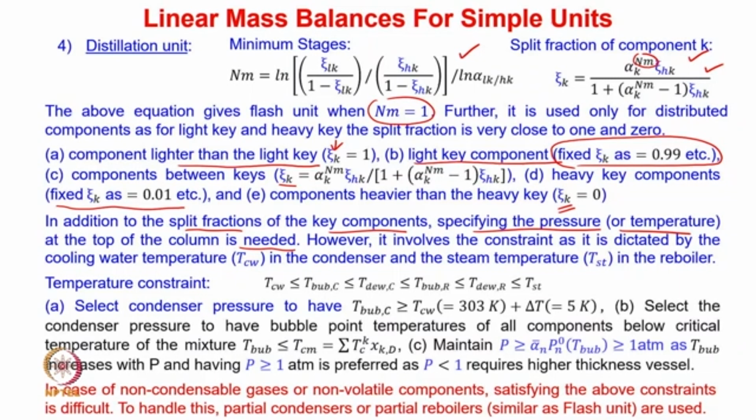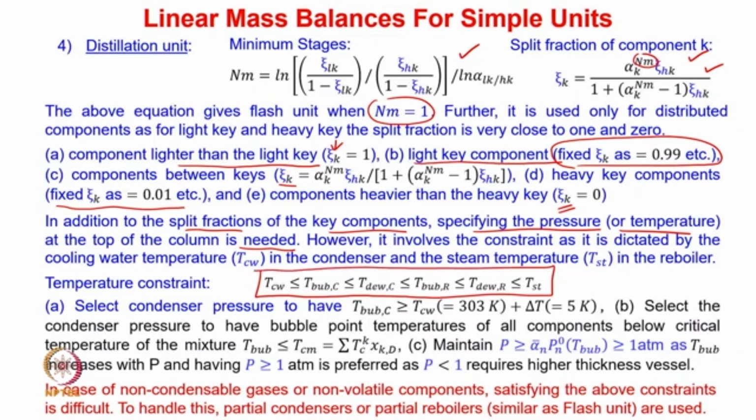However, when we are specifying the temperature and pressure, there are different constraints that need to be satisfied. Okay, so temperature has to be such that constraints with respect to the dew point and bubble point calculations for the condenser as well as the reboiler are taken into consideration, and we will see those constraints in a little more detail when we look at one solved example. So in this case, the constraint is the cooling water temperature.